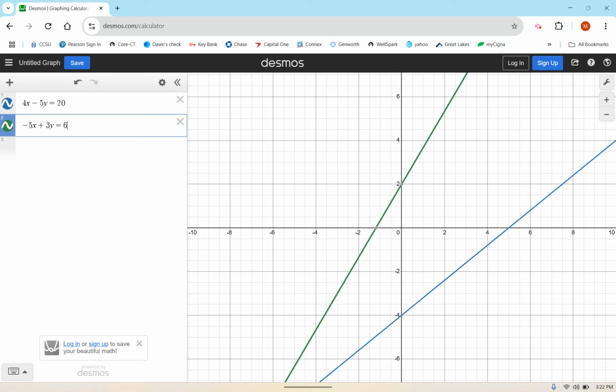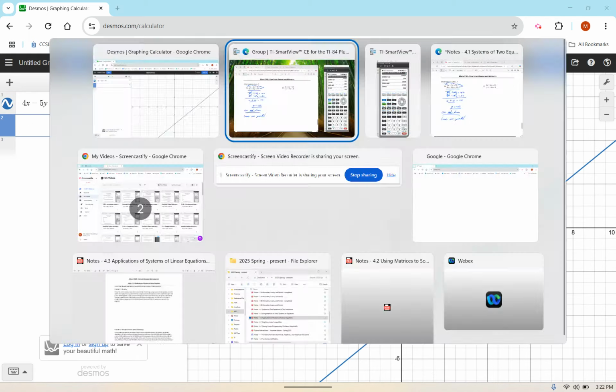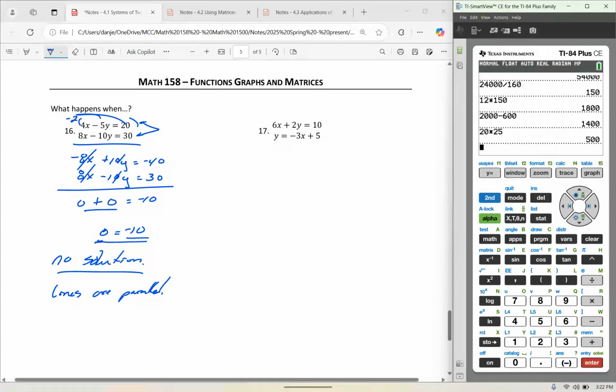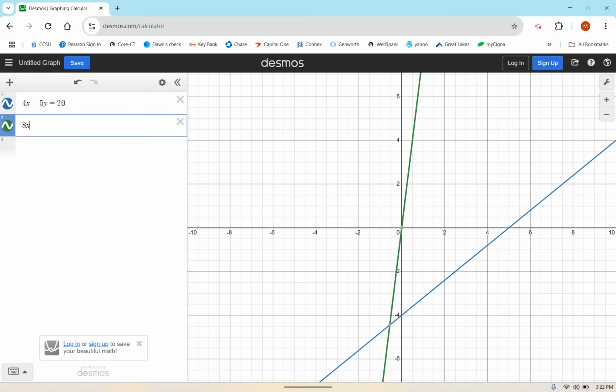So there's the first equation in blue. Let's get rid of this green one. The second equation is 8x minus 10y equals 30. Notice the green and the blue line. They are parallel to each other. There's no point of intersection.